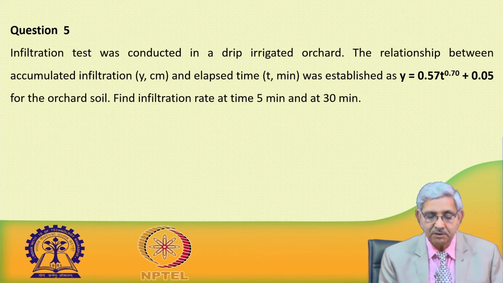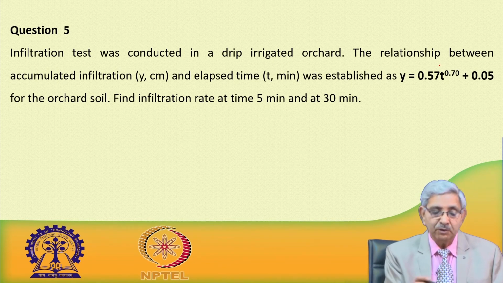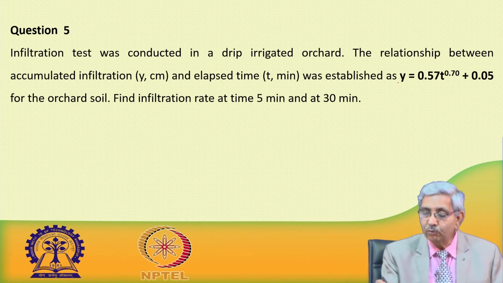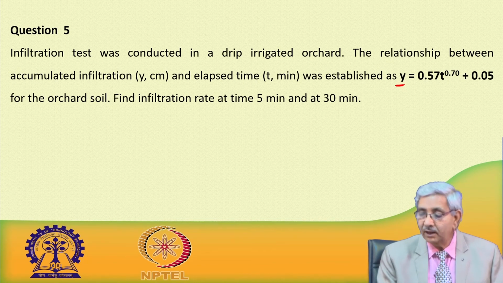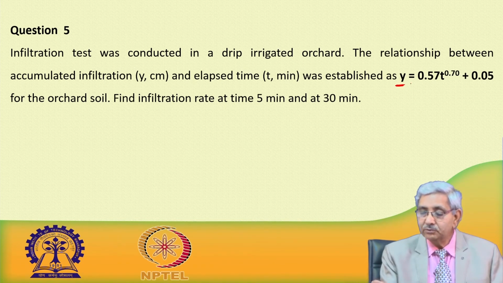In the infiltration process, we are given the relationship between the accumulated depth of infiltration, y, expressed in centimeter, obtained when the infiltration test was conducted: y equal to 0.57 t to the power 0.7 plus 0.05.